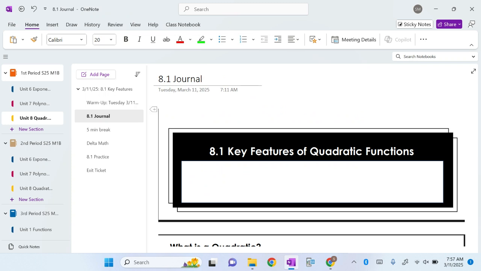All right, so if you're still trying to get on Desmos, that's okay. It should automatically pop for you guys.